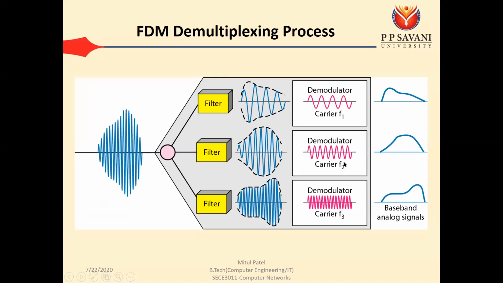In the same way, on the receiving side we use the demultiplexer, in which filters separate out the various frequencies. These are provided to the demodulators, which separate the carrier signal from the modulating signal, and finally we get our baseband analog signal.